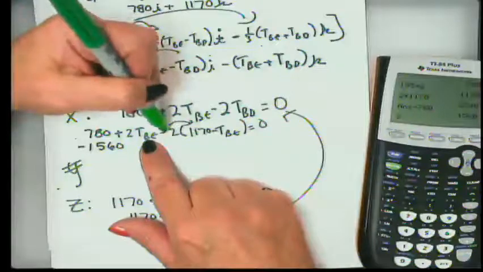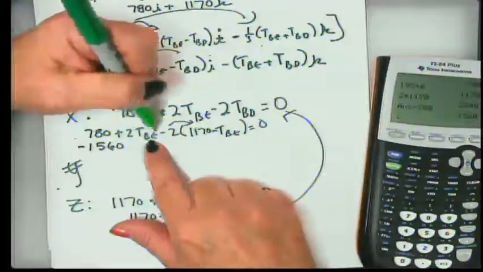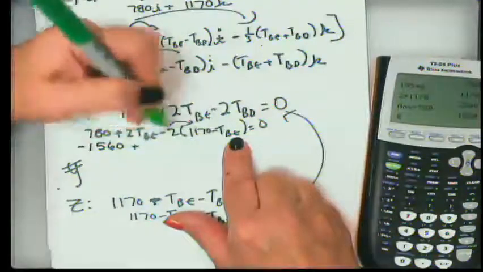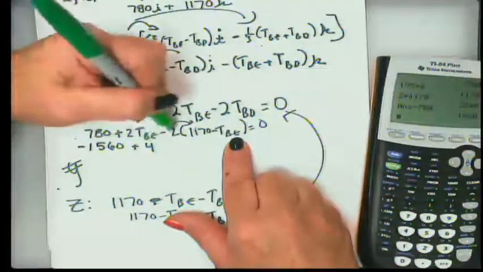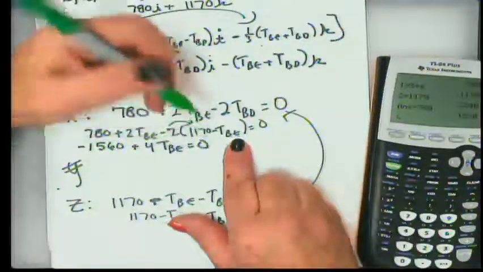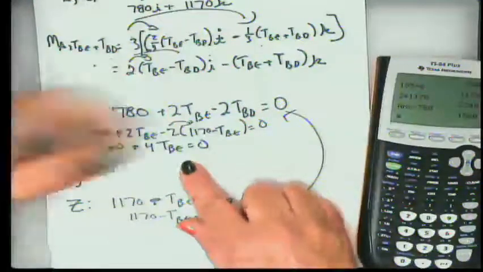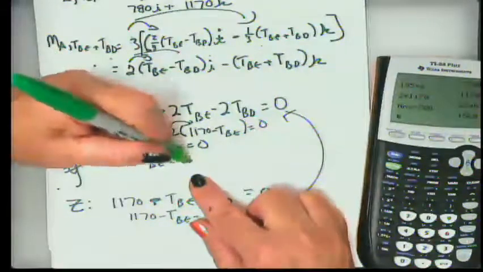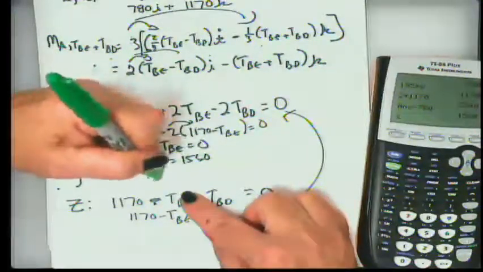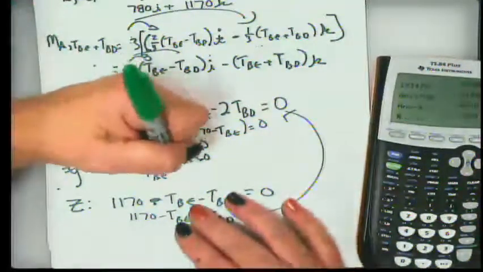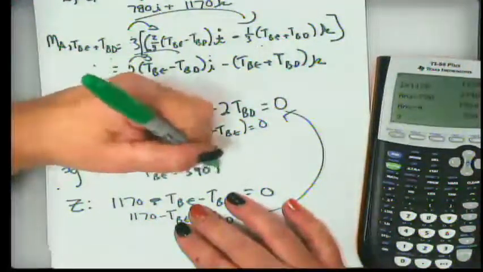Then I have on the same side 2 TBE, and then negative times negative is plus 2 TBE, so that equals 4 TBE equals 0. I can bring the 1560 over to the other side of the equation, and it becomes positive. So TBE is 1560 divided by 4, which is 390 newtons.